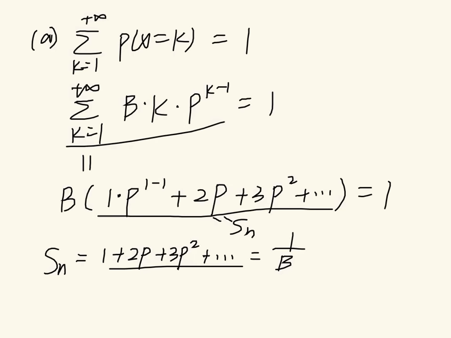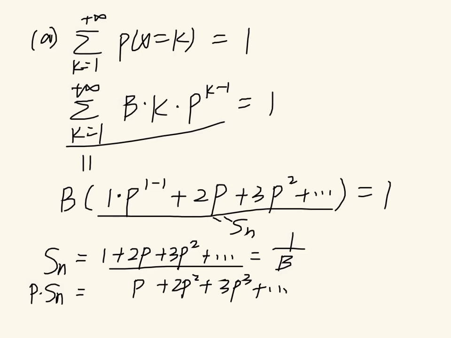We can find it by multiplying p to the left hand side. That is, the right hand side equals p plus 2p squared plus 3p cubed plus dot dot dot.